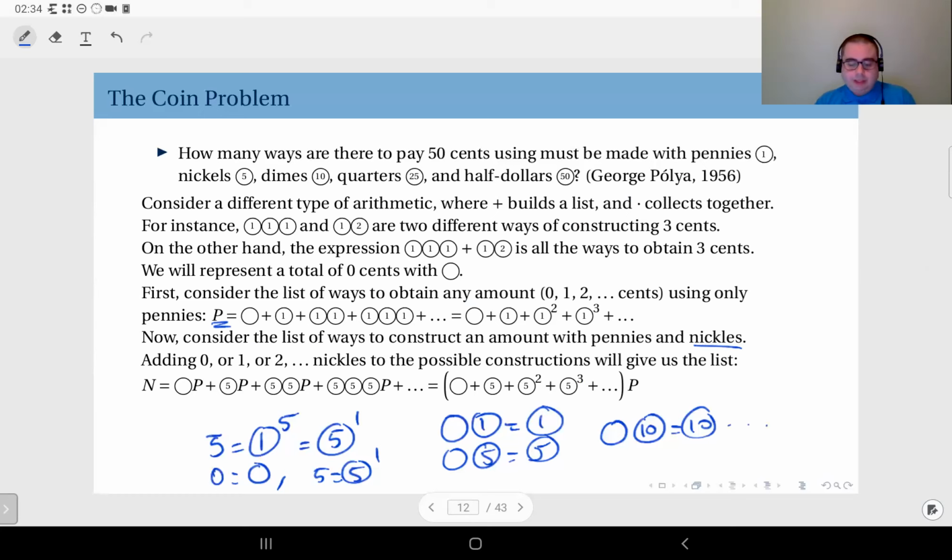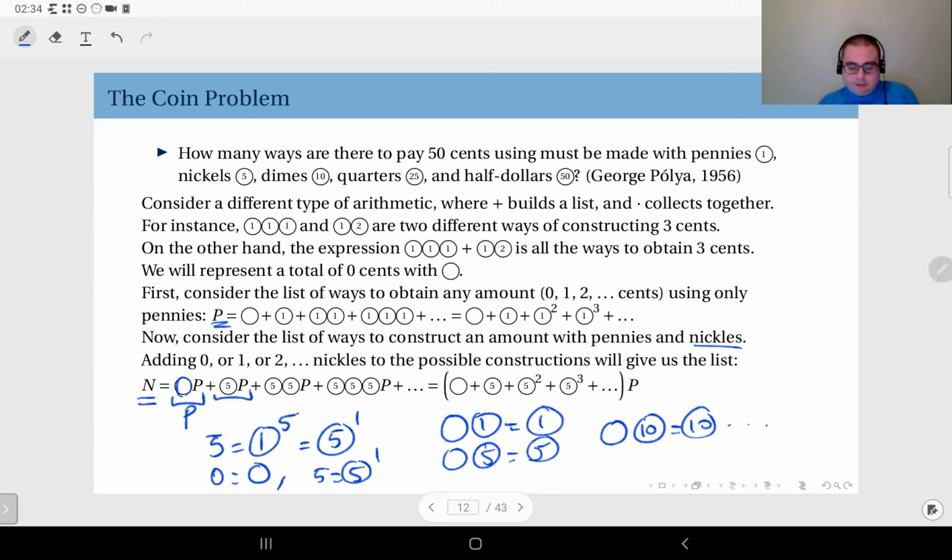Okay, so here, in summary, N is the list of all the ways to construct any amount using only pennies and nickels. So this component corresponds to just P, because I'm multiplying with this empty coin, which is the identity, so this will give me P. In the next, I just add a nickel to each combination.